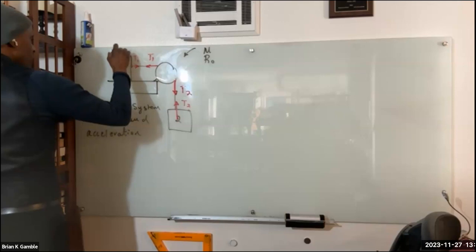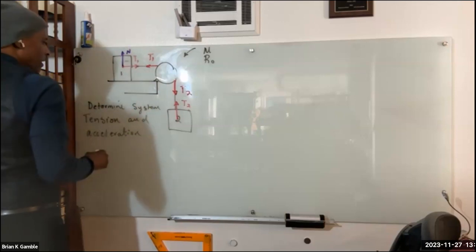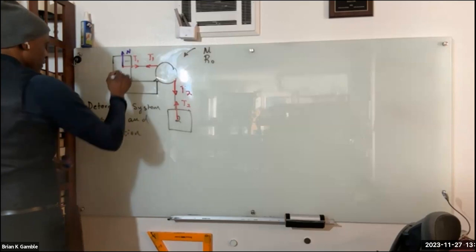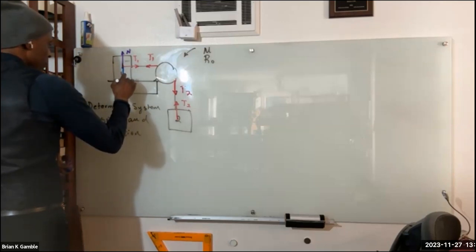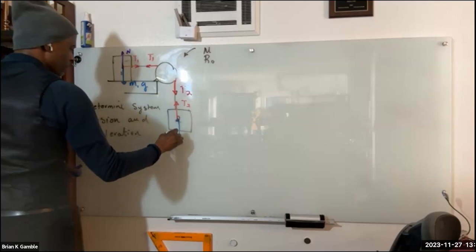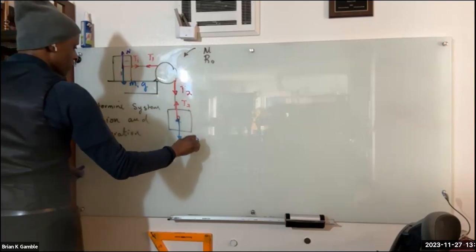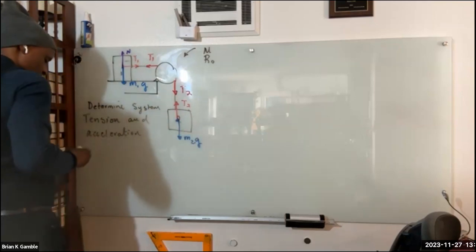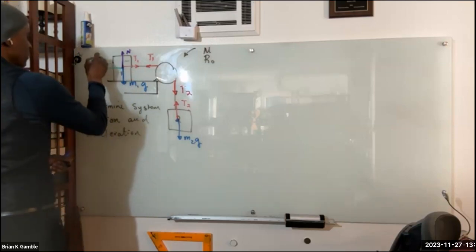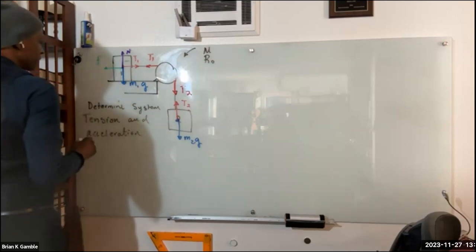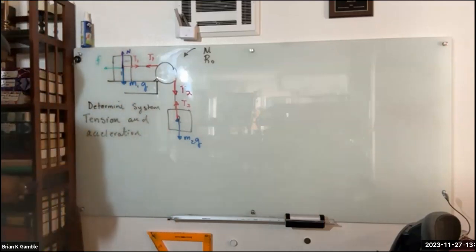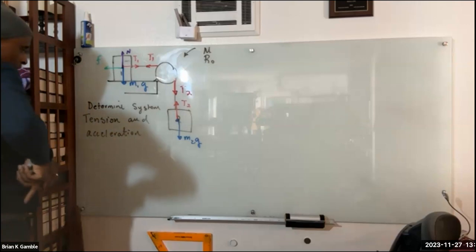We still have a normal force here, and we've got gravity, M1G, gravity here, M2G, and we'll go ahead and put friction in now as well, and we have a frictional force here, F. And so let's say what's known is the coefficient of friction.